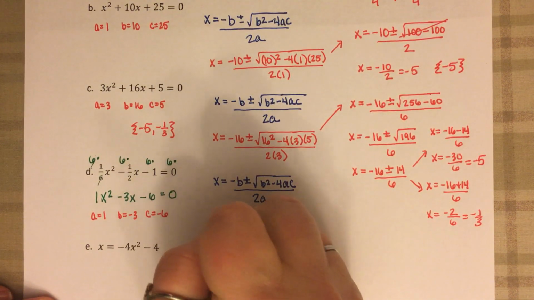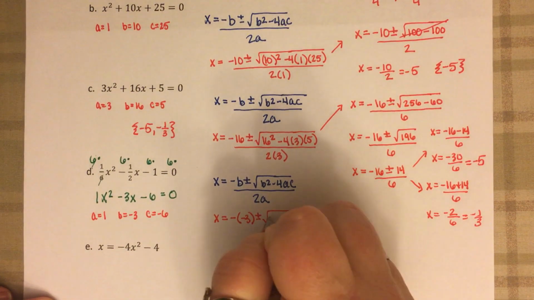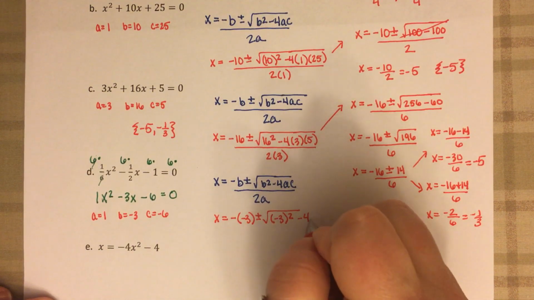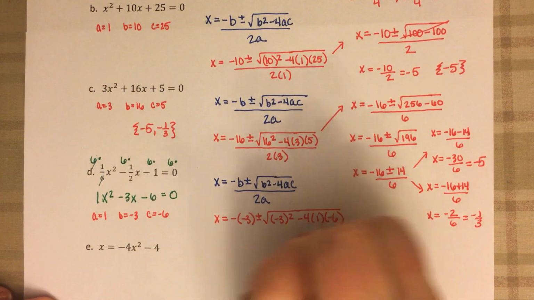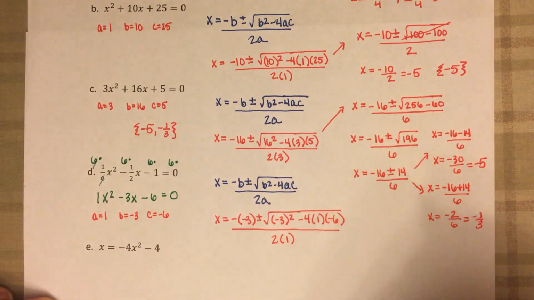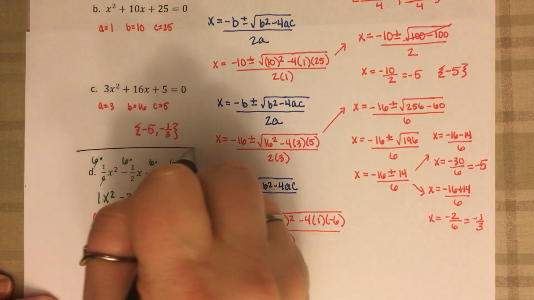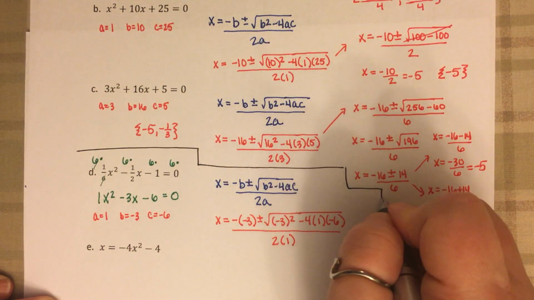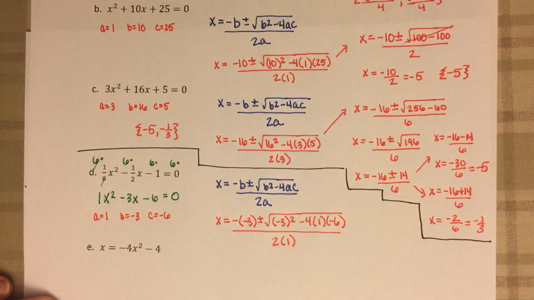So x equals -3 plus or minus our square root of -3 squared minus 4 times 1 times -6 all over 2 times 1. Okay. I'm going to kind of separate off a little bit of area here since this last one turned out to be a rather lengthy problem.